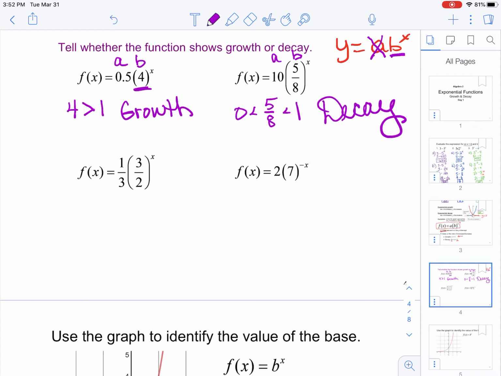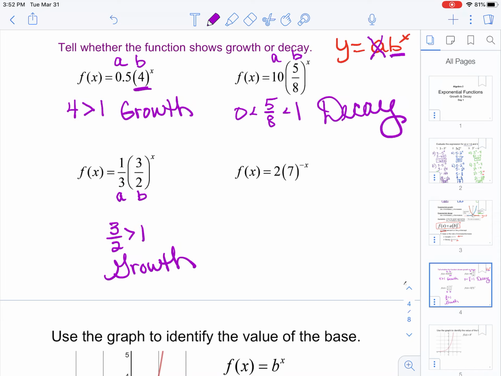The next one, you look at it for a second and then we'll do it. What's your a? What's your b? Your a is the 1/3. Your b is the 3/2. I don't care what that a is. 3/2 is greater than 1, so this will be a growth.